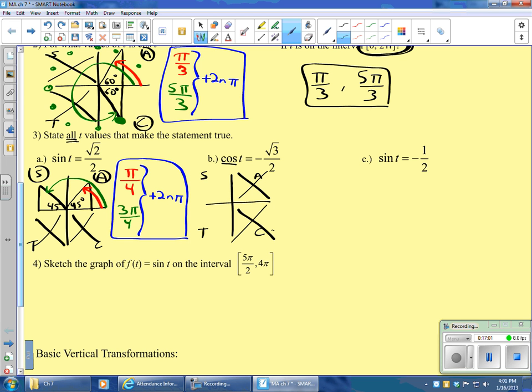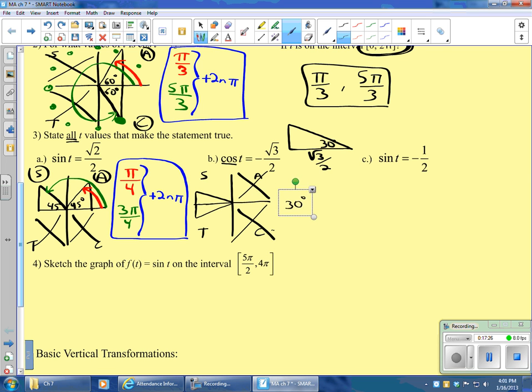What triangle has an adjacent of root 3 over 2? That turns out to be a 30-degree reference. The adjacent is root 3 over 2. Now that means that 30 degrees can be here, or that 30 degrees can be down here. Either one of those.